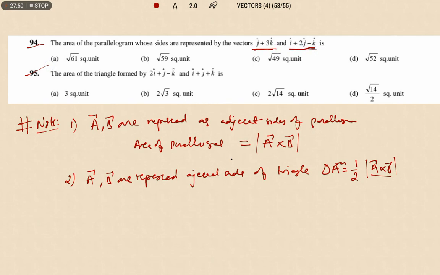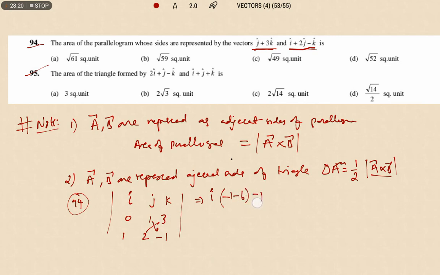Here the i term is not there in the first vector. If the i term is not there in the first vector, we should write 0 in the place of i. Next j 1, k 3, then 1, 2, minus 1. Now the remaining procedure will be the same. So finding A bar cross B bar: i, 1 into minus 1 is minus 1, 3 into 2 is 6, so minus 7.